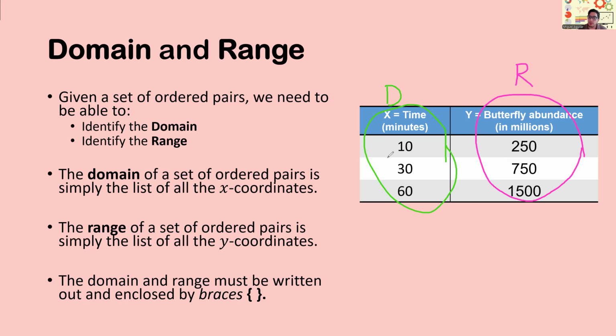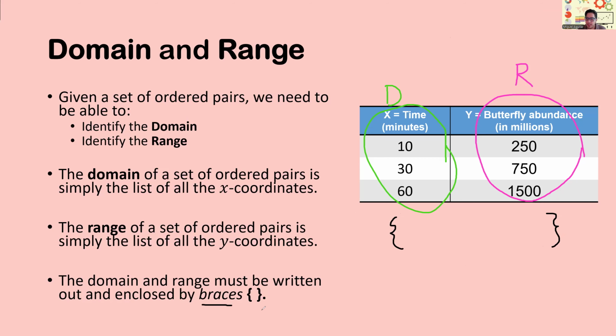Now, you're going to be expected to write this down in a particular way. When mathematicians write a set of numbers or a list of numbers, they enclose those lists in this symbol, which looks like curly braces. So they're called braces.